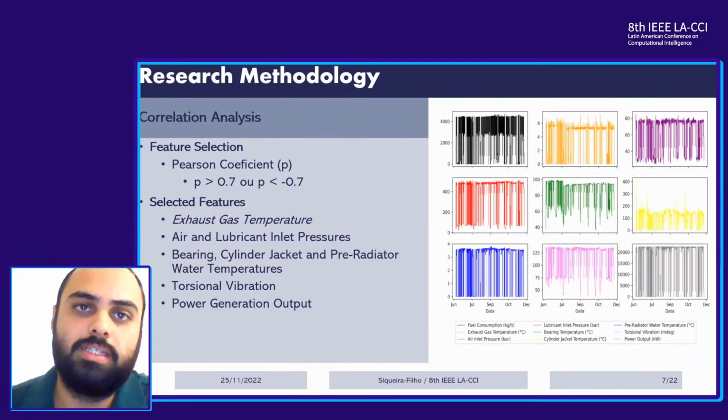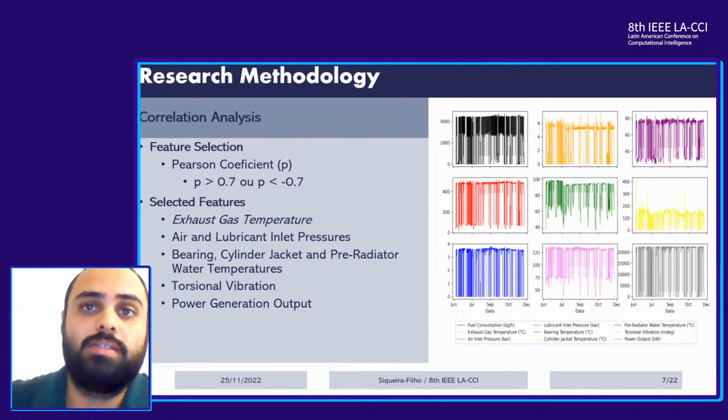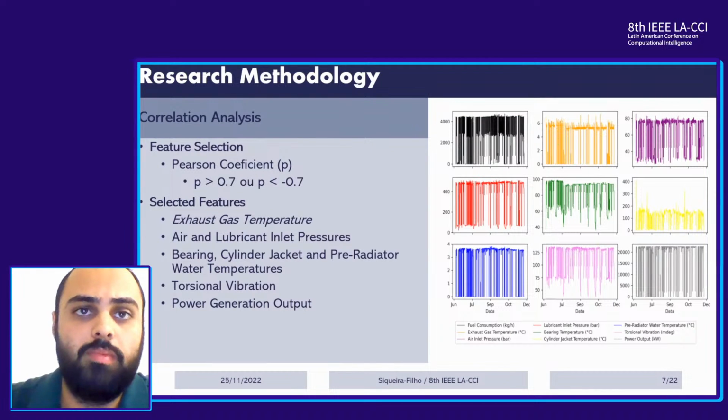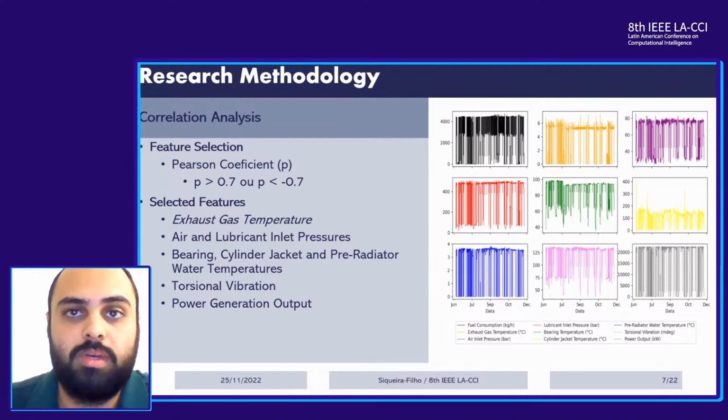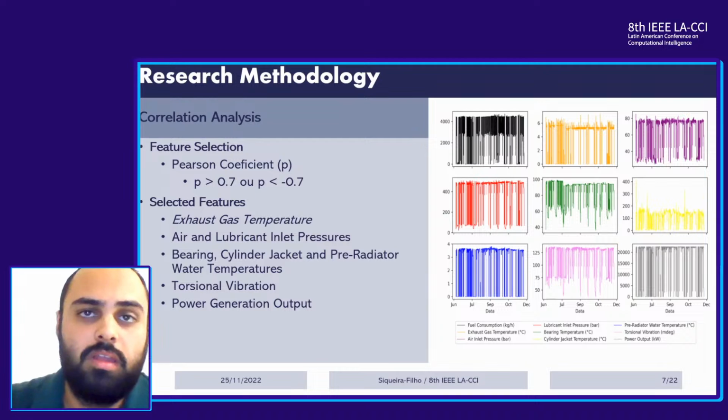Correlation analysis. We performed a correlation analysis between each one of the variables to set which parameters should be used as input for the multivariate models to make the prediction process more effective. Initially, we used the Pearson correlation matrix to select the variables with correlation higher than 0.7 or lower than minus 0.7.